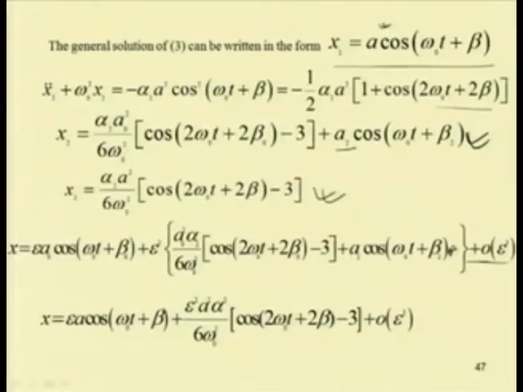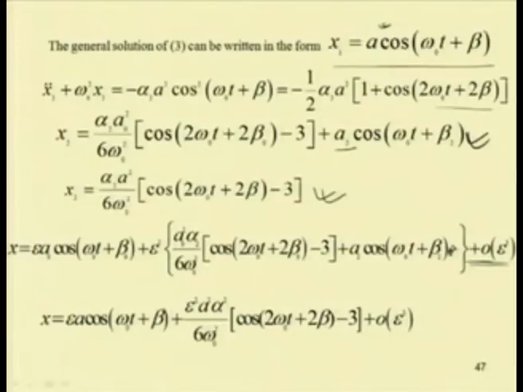This is the order of epsilon cube, and neglecting this order of epsilon cube one can have this equation, or one can write the same equation in this form: x equal to epsilon A cos(omega0 t plus beta) plus epsilon square A square alpha2 by 6 omega0 square into cos(2 omega0 t plus 2 beta) minus 3.